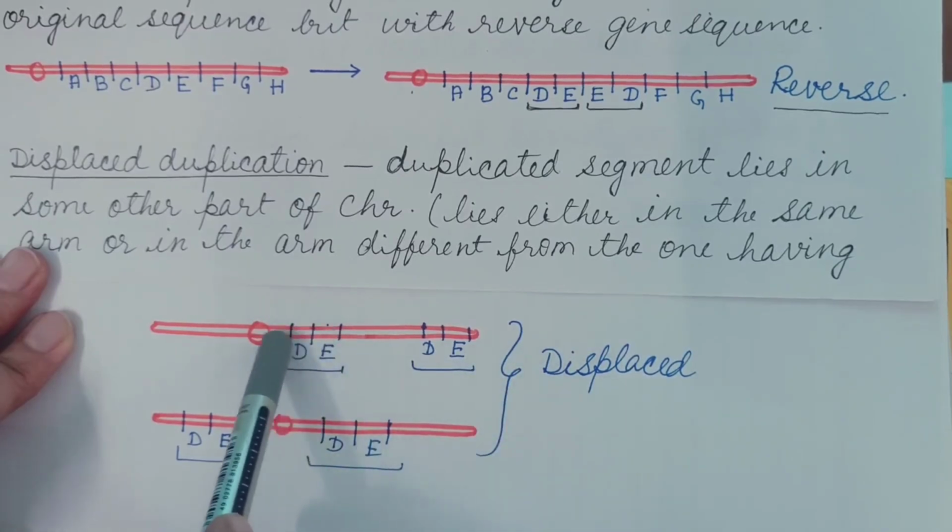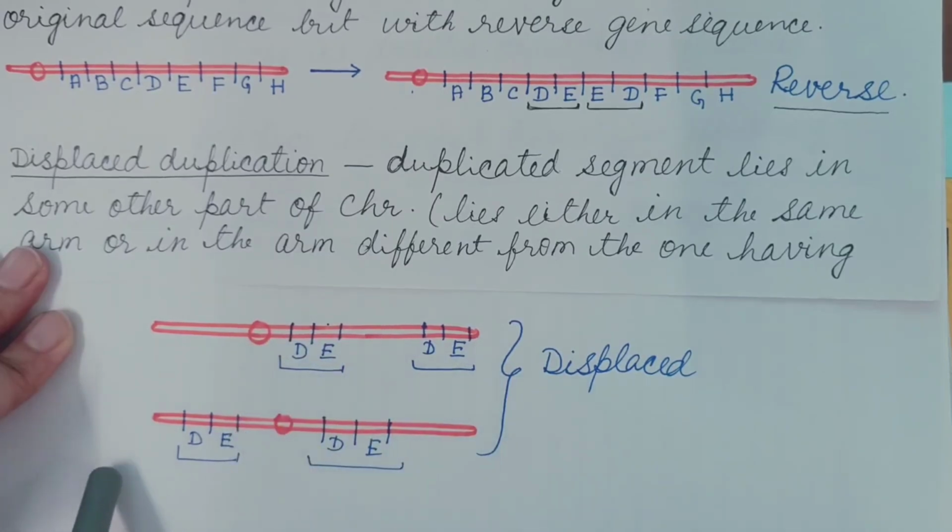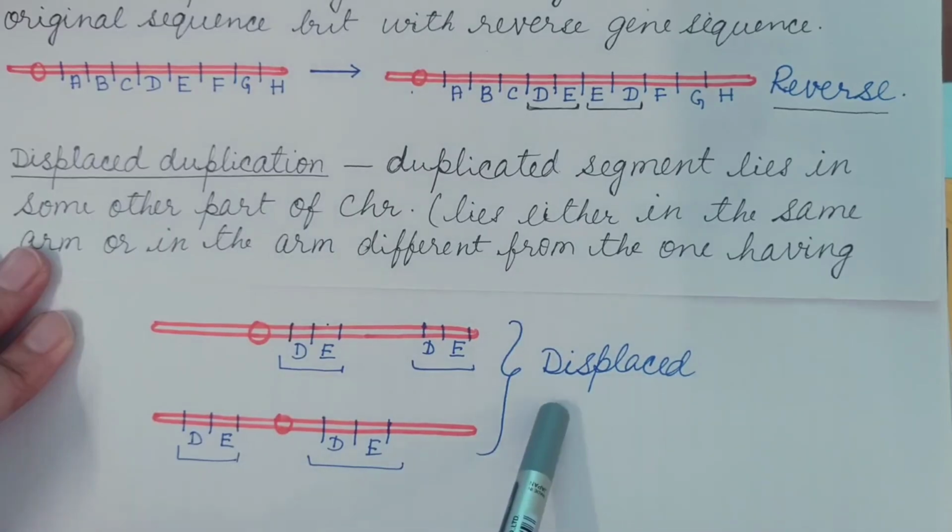It is not present adjacent to the original sequence but present in the same arm as the original one. And here this is the original sequence DE, and this is the duplicated sequence. It is present in the arm different from the arm in which the original sequence is present. This is known as displaced duplication.